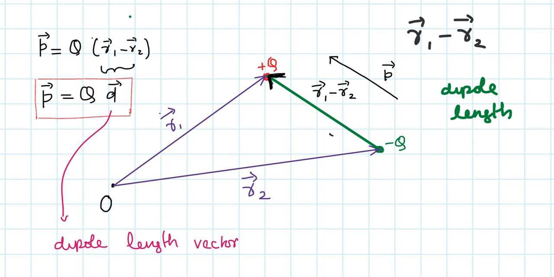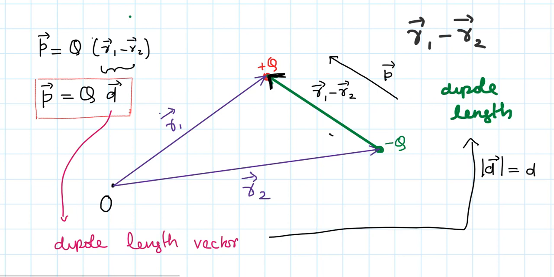Now the magnitude of the dipole length vector is nothing but the dipole length. So the magnitude of the dipole length vector is the dipole length of the electric dipole. Thus in these terms you may be able to evaluate the magnitude of the dipole moment.